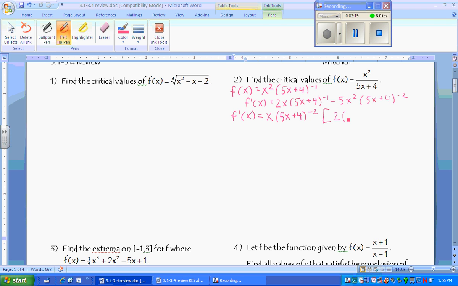And when you take out a negative 2 from a negative 1, you just get 1, because negative 1 minus negative 2 is just 1. So just that, and then minus 5x. That's how you factor it, and then just keep going with that.